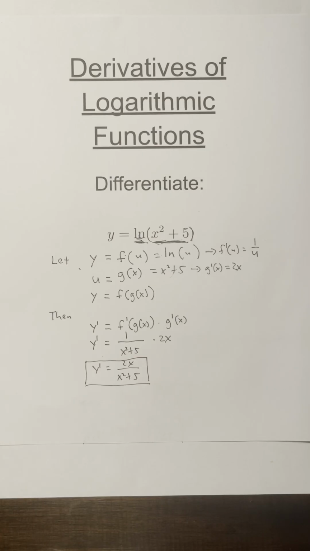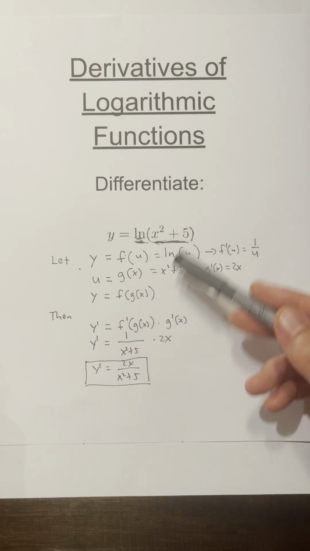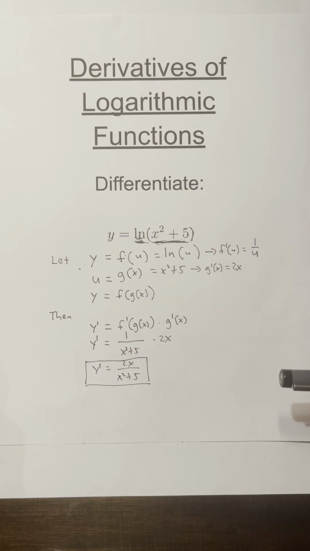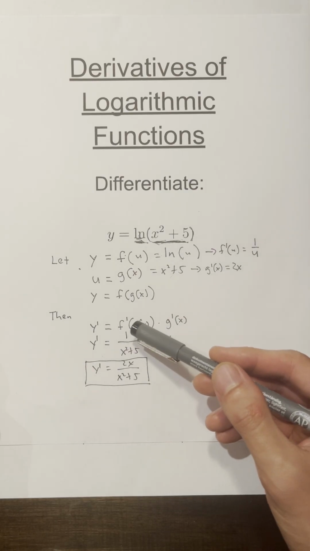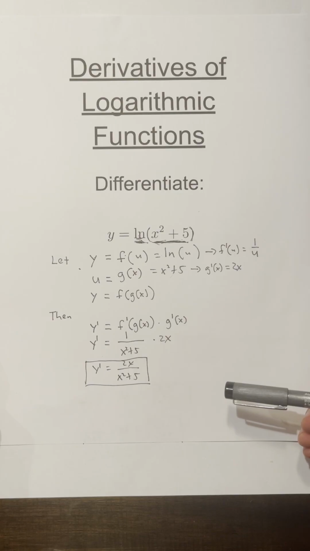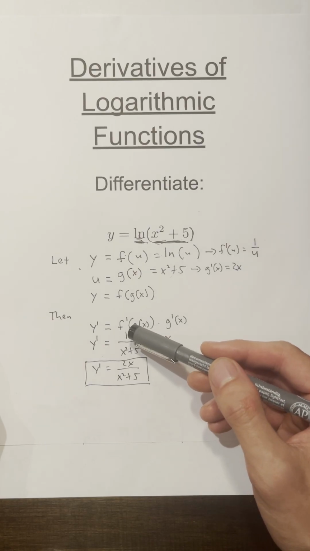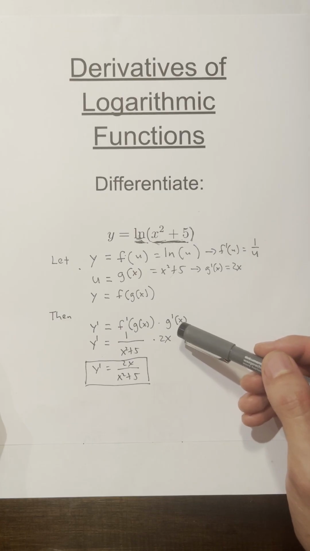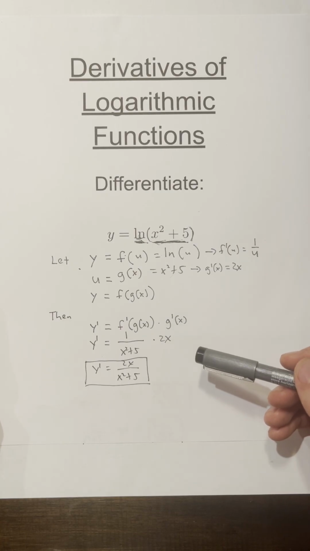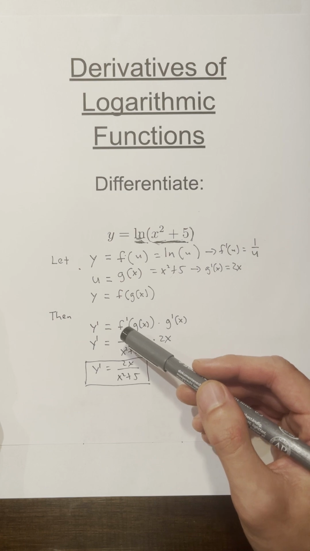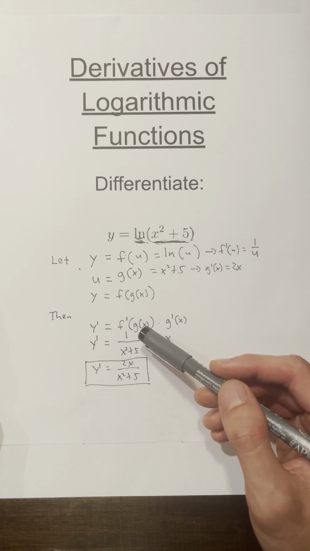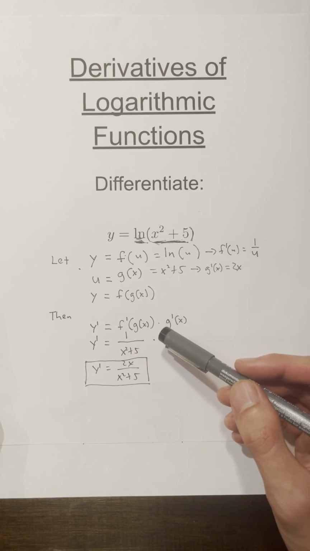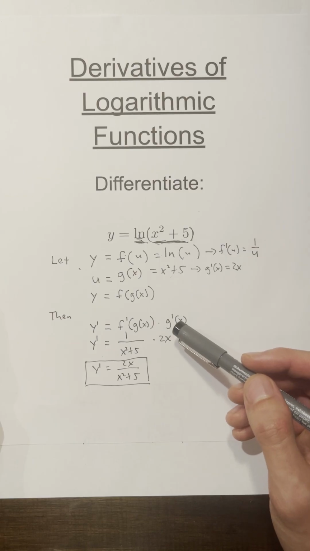As you practice, you'll be able to do these kinds of problems in your head. And we're going to try that in about a minute. But before we do that, I'd like to read out chain rule twice. So it's f prime of g of x times g prime of x. One more time. F prime of g of x times g prime of x.